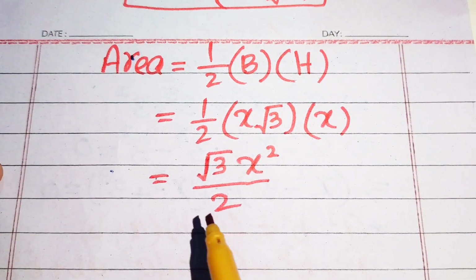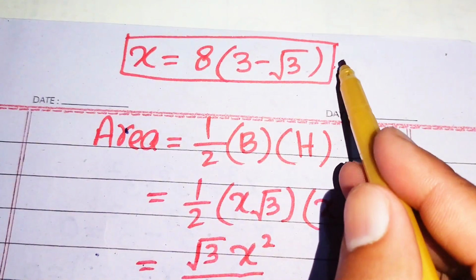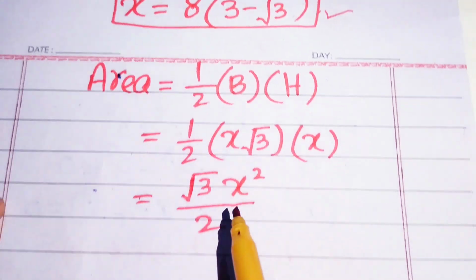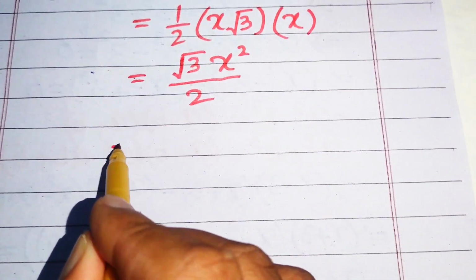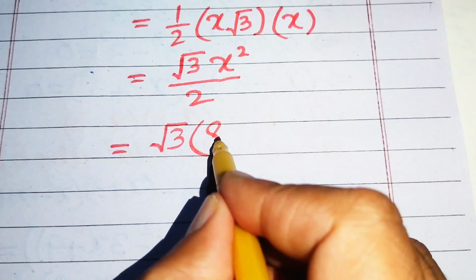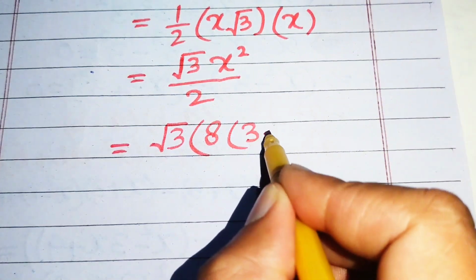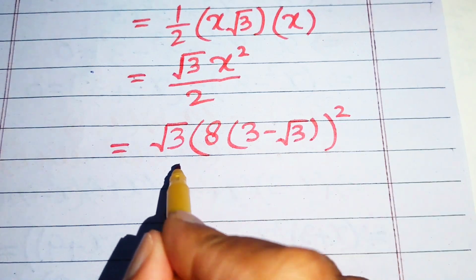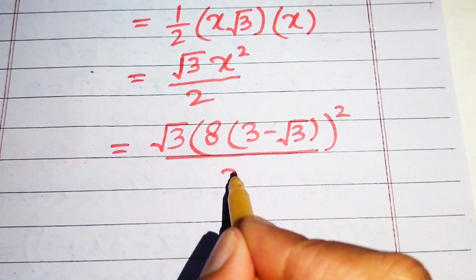Now we substitute the value of x. We know that x equals 8 into (3 minus square root of 3). We substitute this value here, and it is written as square root of 3 into 8 into (3 minus square root of 3) whole square, divided by 2.